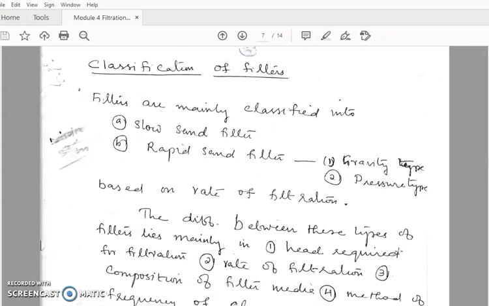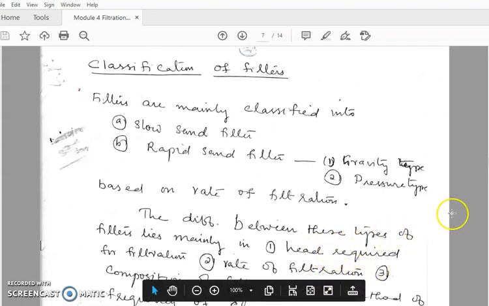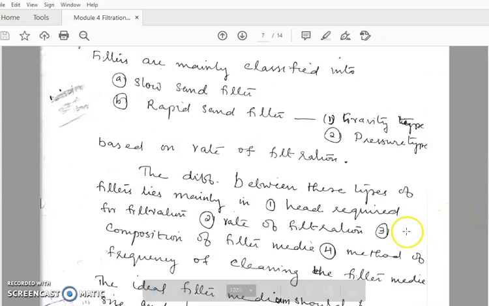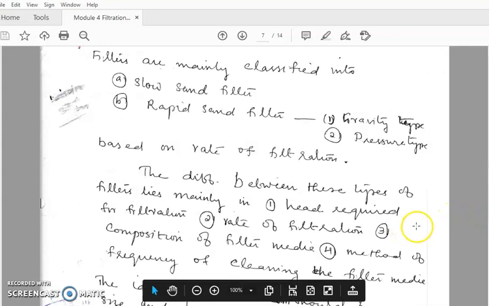Now these three filters are considered different based on four parameters of their functioning. The first one is the head required for filtration. The second one is the rate of filtration.